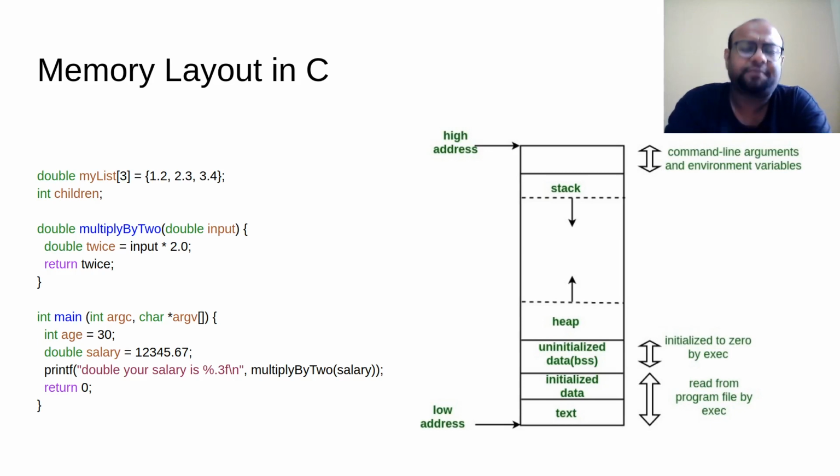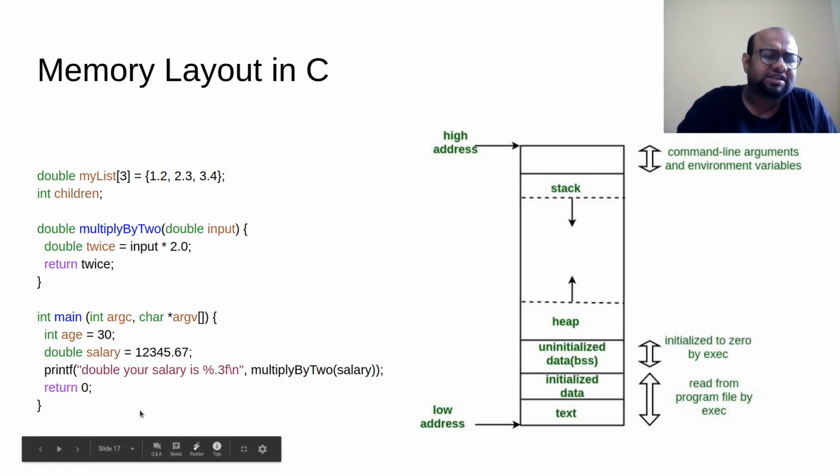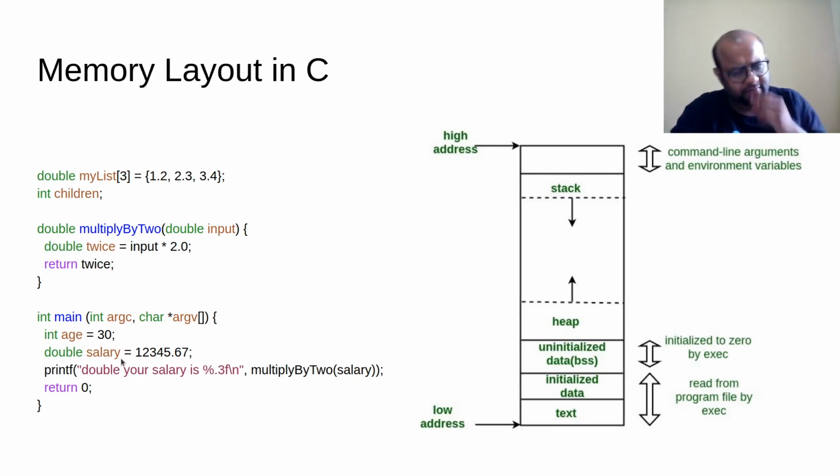All right. Now here is the question: how do my program or my compiler know how much to allocate for a certain function when I call it? The compiler is going to know by looking at your source code. When your compiler looks at this main function, it sees that there is an integer called age and a double called salary.